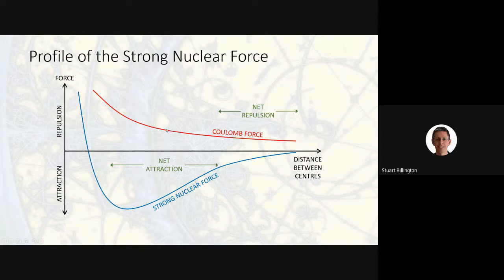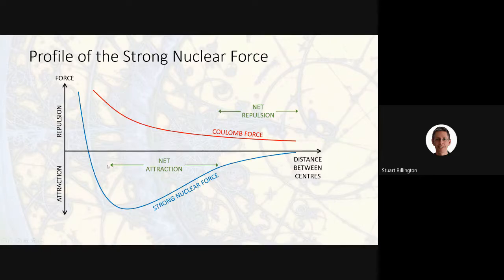So when we've been talking at GCSE of fusion, for instance, it's been the force required to get the nucleon to this point, and then at this point, the nucleons will snap together and a larger nucleus will form and fusion will take place. So that's kind of the barrier point that we were talking about at GCSE. And we will come back to fusion later on in this topic.